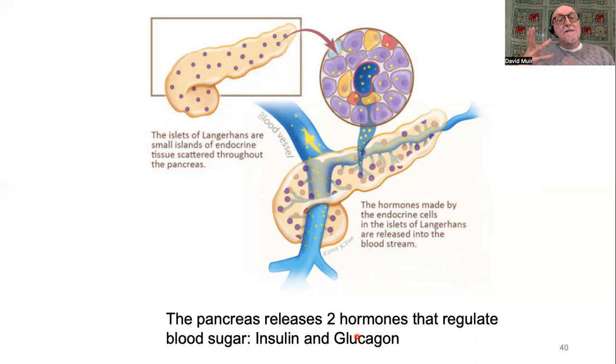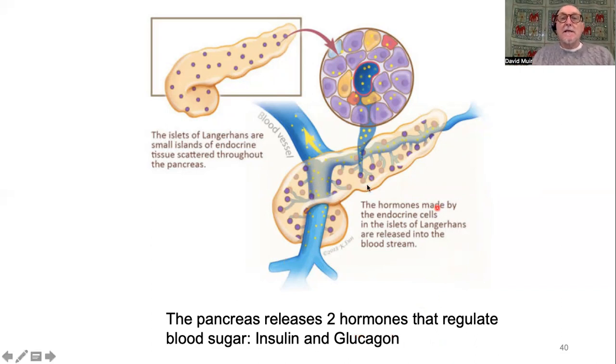And glucagon causes the breakdown of glycogen inside cells. Glucose, which is taken into cells, is converted to glycogen, especially in the liver and in the muscles. But glucagon causes those cells to break down glycogen and release it as glucose to raise the blood sugar level. So by playing these two against one another, we can set up a feedback system which maintains blood glucose level at the optimum. It maintains homeostasis by balancing the two.